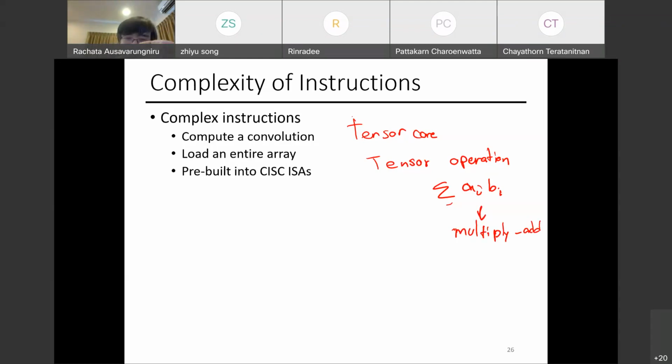You know that you're going to have to do a ton of this, a ton of sum of AI BI. Would it make sense then if I built a special logic to do this sum of AI BI and call this neural processor, like basically a machine learning processor?